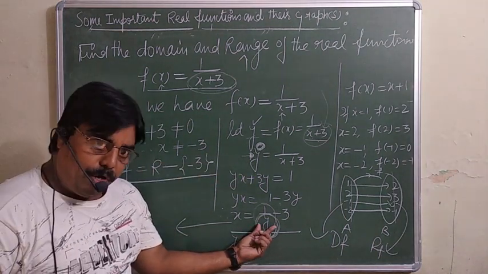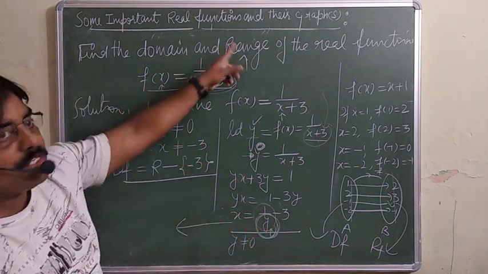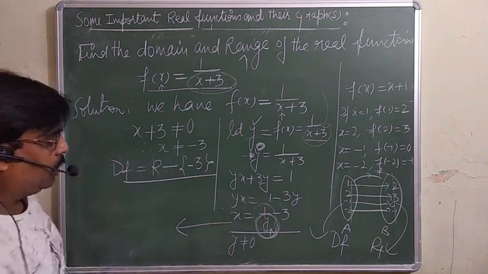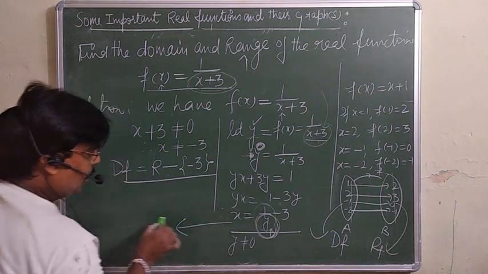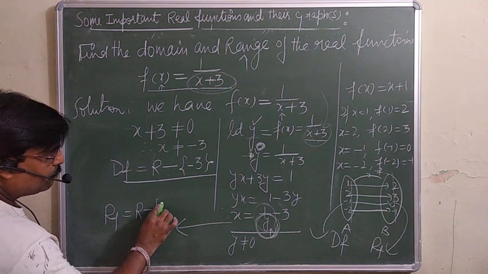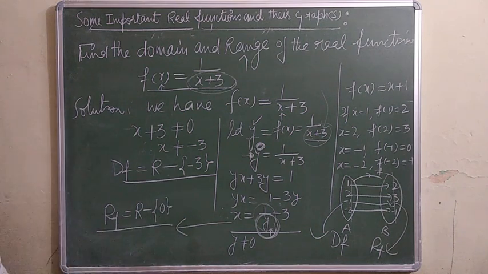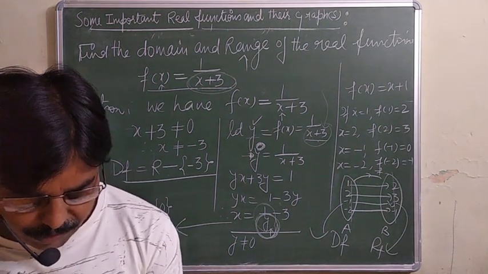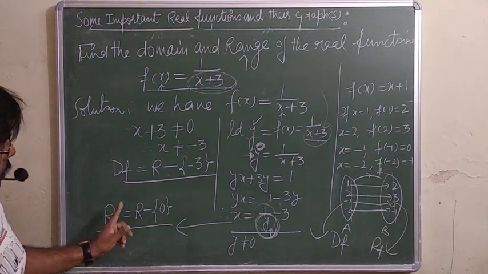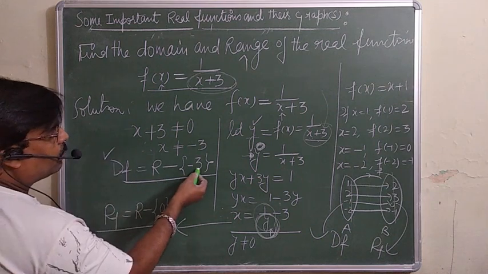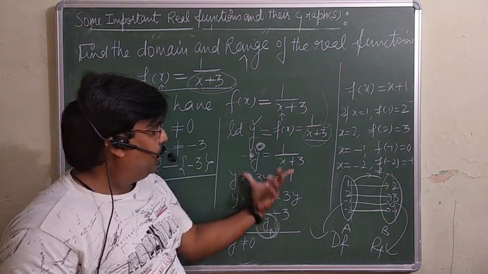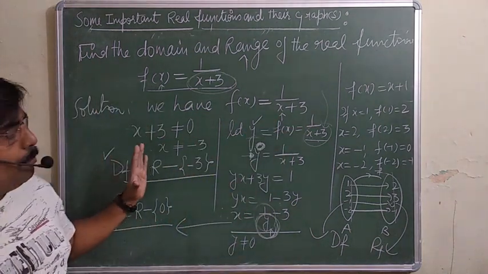But what we cannot put here: y cannot be 0 because you will get infinity and x is real. So the range will be all the real numbers except 0. This is the range of this function. तो domain will be all the real numbers except -3. This is a very important point. Keep in mind, ये जो range निकालने का तरीका है that is very very important. Have a look.